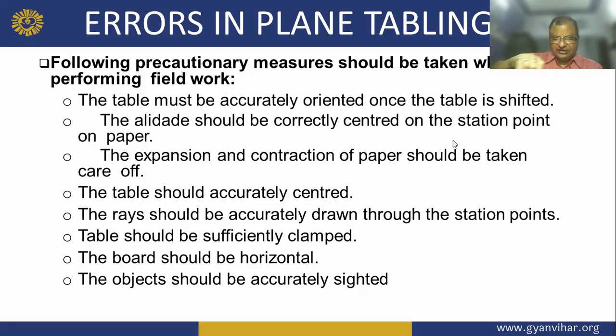The expansion and contraction of the paper should be taken care of, and the table should be accurately centered, and the station should be accurately drawn. Thoroughly check the station point, and the clamps should be sufficiently tightened. The board should be horizontal and the object should be accurately sighted.